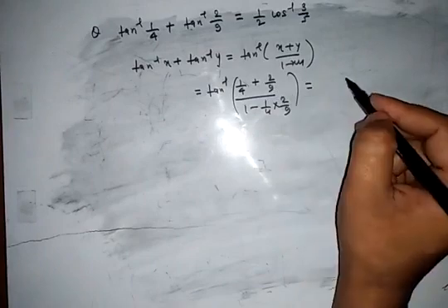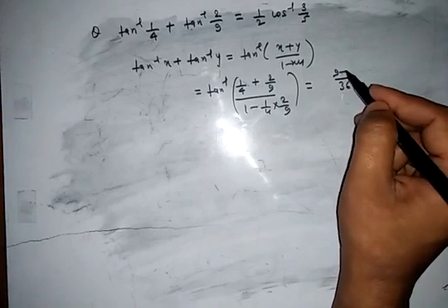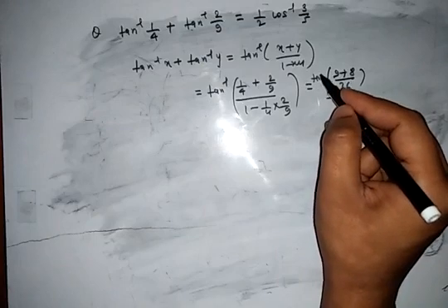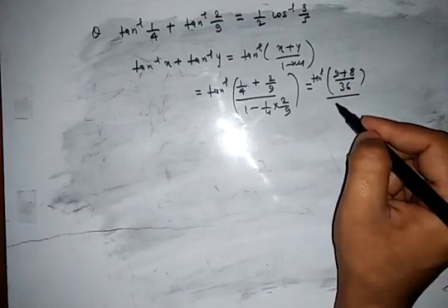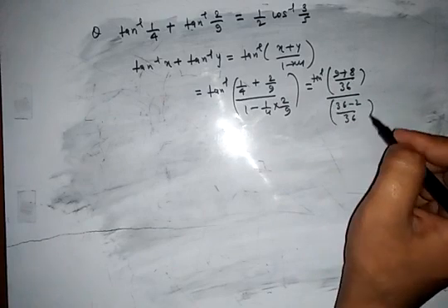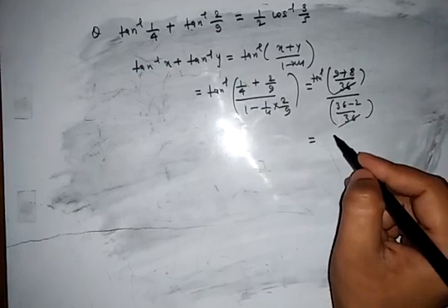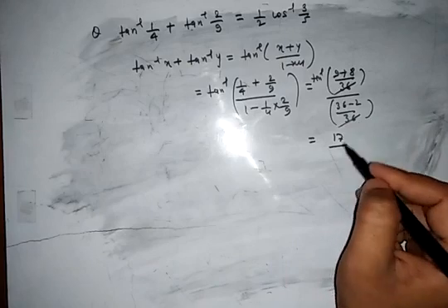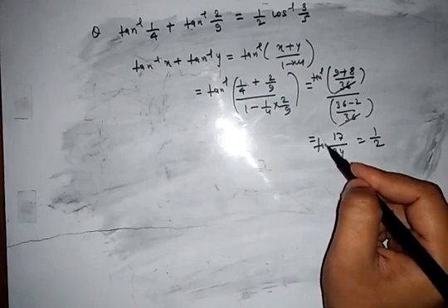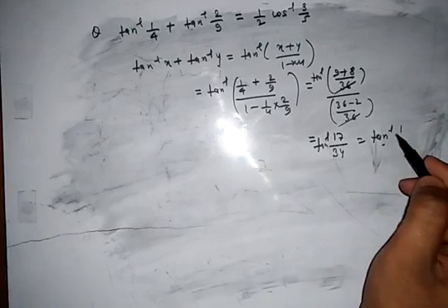So take the LCM, you can see 36 here. 9 plus 4 times 2, that is 8, by 36 minus 2 by 36. So the denominators get cancelled out. You will see here 17 by 34, that means 1 by 2. So you will get simply tan inverse 1 by 2.